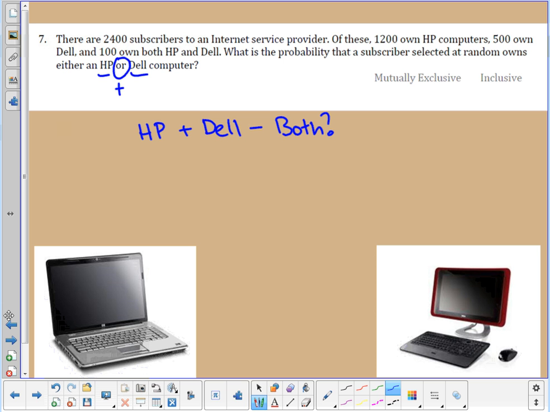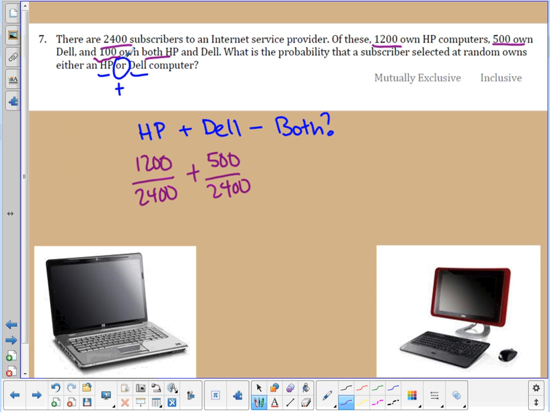Okay, so my successes for HP are 1,200 out of the total 2,400. My successes for Dell are 500 out of the same 2,400. But again, 100 of those people own both.